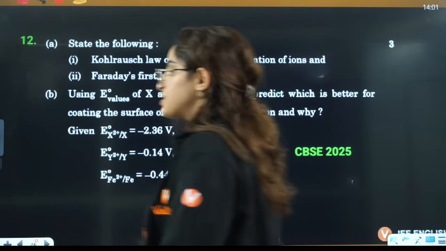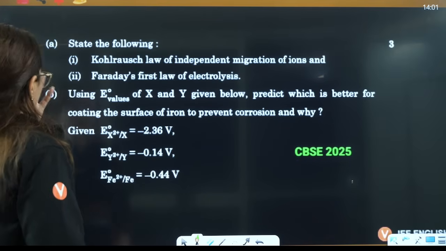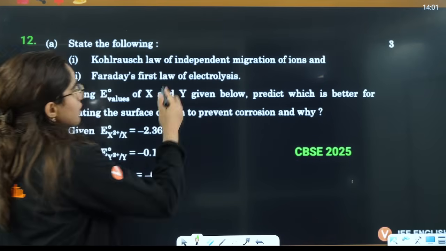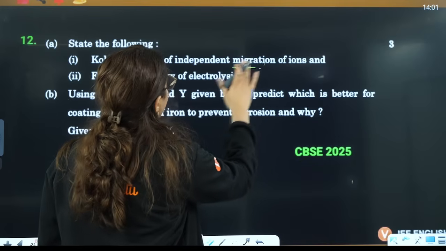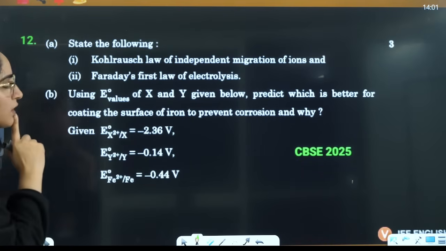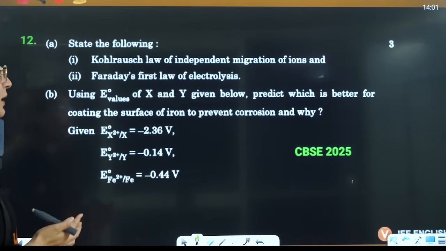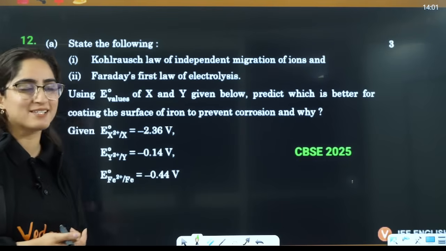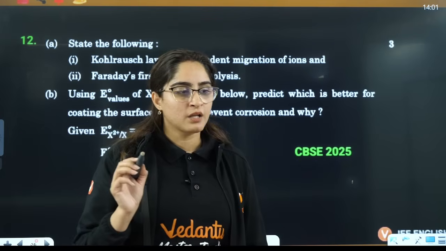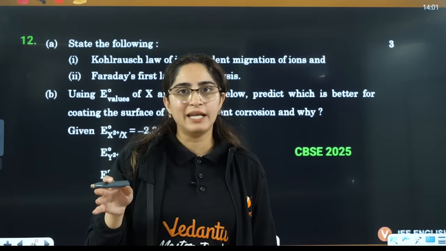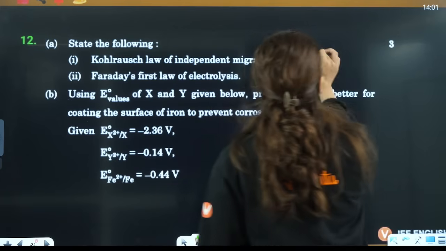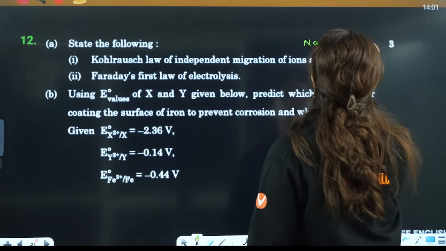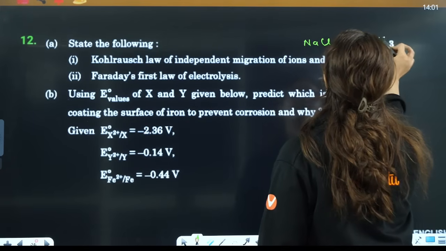Okay, so now next question is, let's see. State the following: Kohlrausch law of independent migration of ions. Now you have to answer. Kohlrausch law states that total molar conductivity depends upon each ion. For example, I talk about NaCl. So it will depend upon Na positive and Cl negative both.